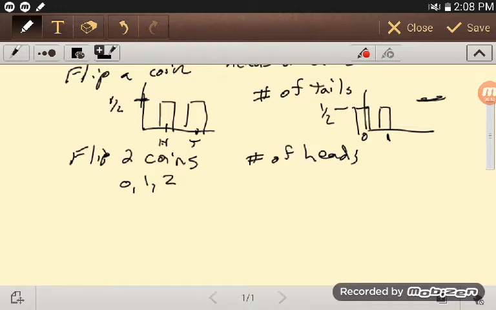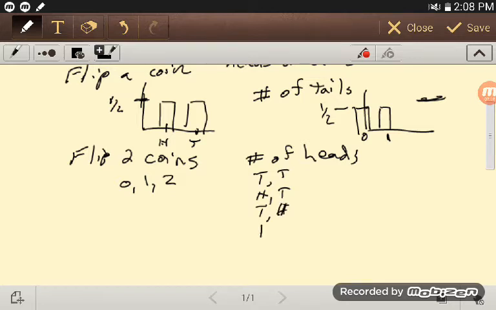So that's my population. And I could ask, how likely is it that I get those? Let's think of what could happen. We talk about these things called equally likely outcomes. To get 0 heads, I got tails, tails. To get 1 head, I either got heads on 1 coin and tails on the other, or tails on 1 and heads on the other.